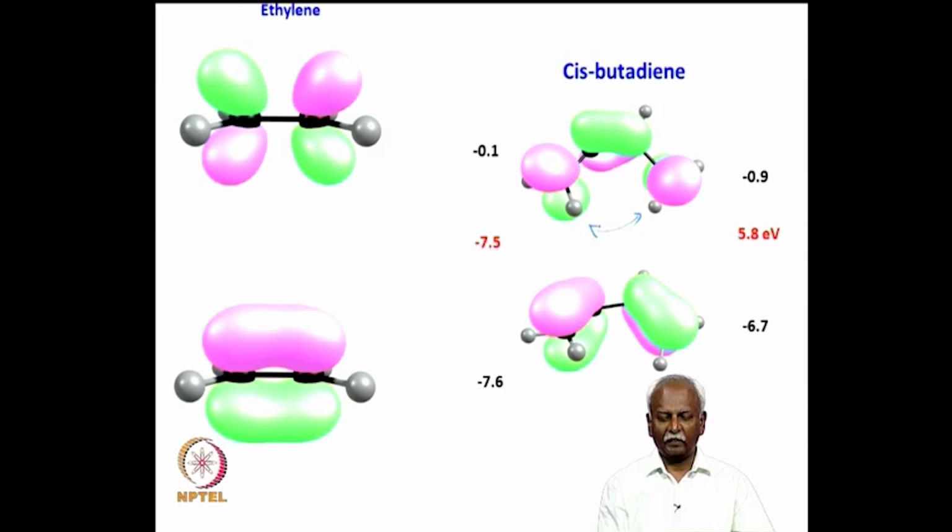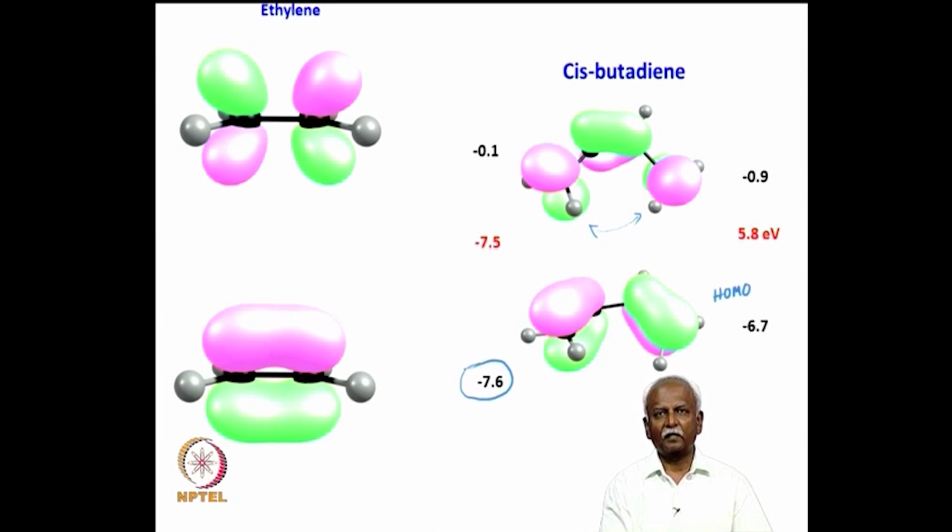If the butadiene is cis, the highest occupied molecular orbital, this is the highest occupied molecular orbital, is lying at minus 6.7 electron volts, whereas in the case of ethylene, the energy is at minus 7.6 electron volts.